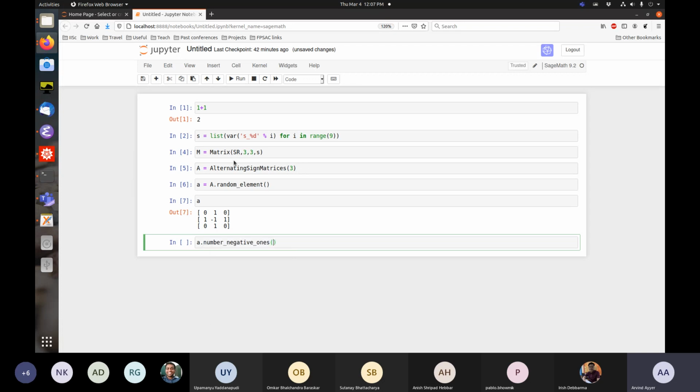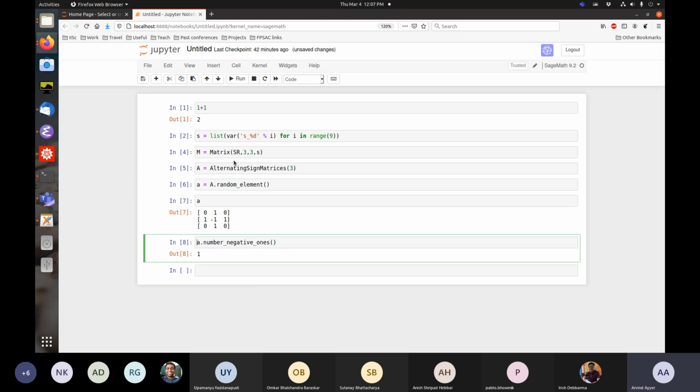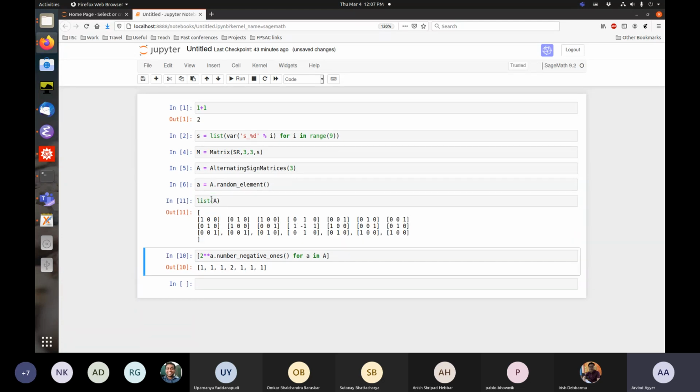Now I'm going to take 2 to the power of that, so that gives me 2. Now what I'm going to do further is count. Let me do list A. There's zeros, 0 minus ones, and then 1, and then this.